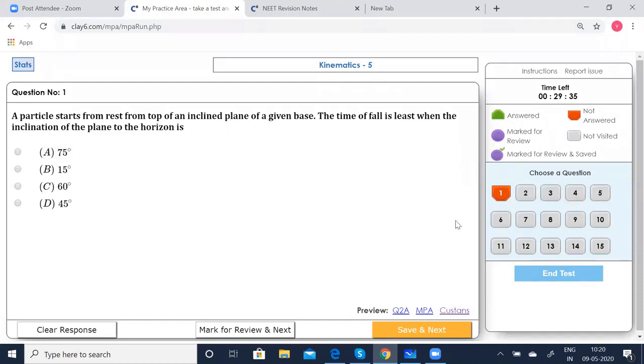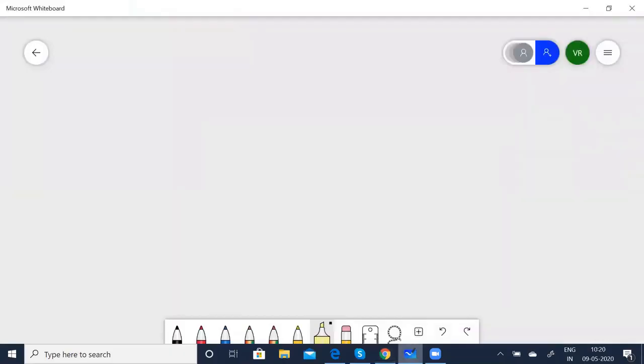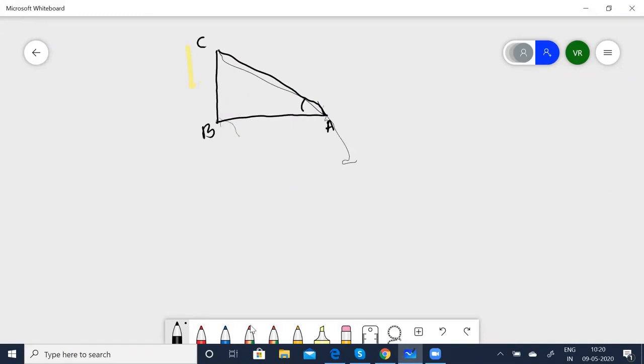Let us solve that. Let me draw the diagram. This is going to be the triangle. Let me take this as A, B, and C. Let this angle be theta.